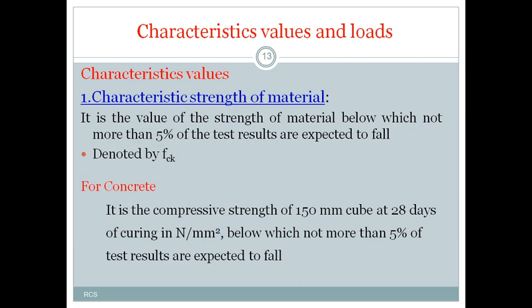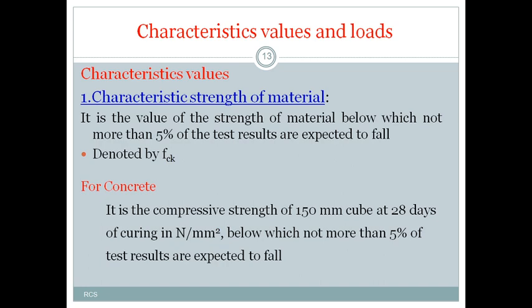Right, now we'll discuss what are the characteristic values and characteristic loads. So characteristic values are the characteristic strength of a material and the characteristic load. As I discussed already in our last classes, what is the characteristic strength of a material? It is the value of strength of the material below which not more than 5% of test results are expected to fall.